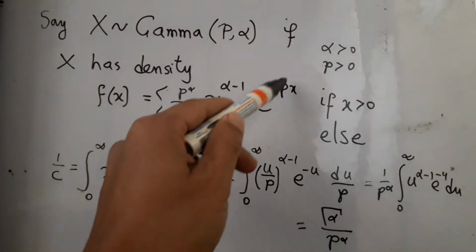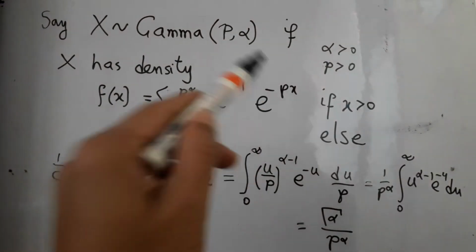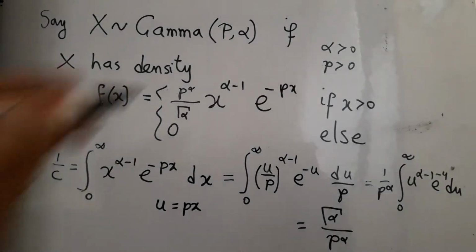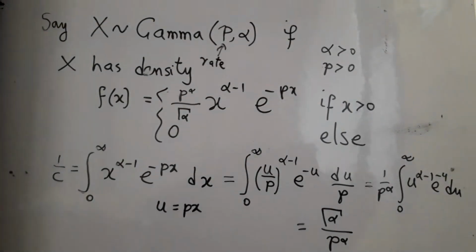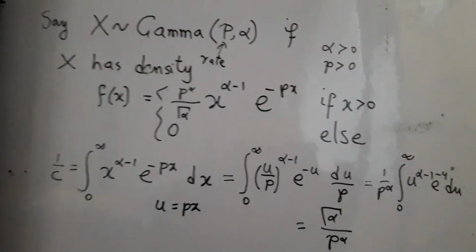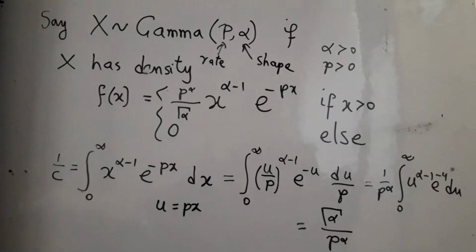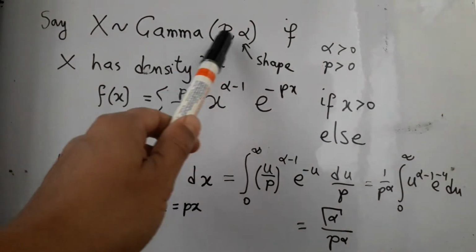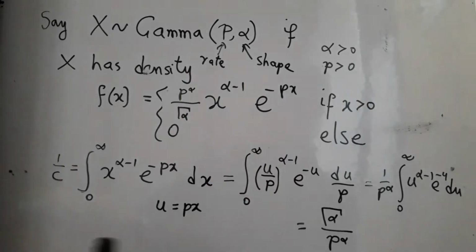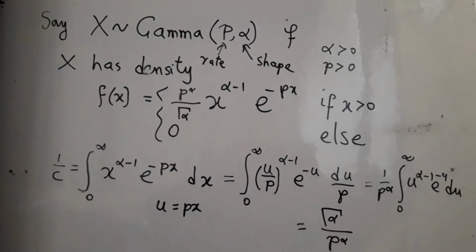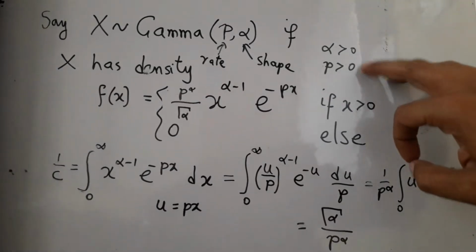The presence of the p here is much like the presence of the parameter in the exponential distribution. So this p is called the rate parameter and the alpha is called the shape parameter. In our notation, we have written the rate first and shape next, but in certain books you will find them in the opposite order. And remember, both of them must be positive.